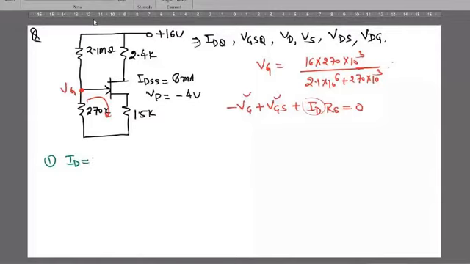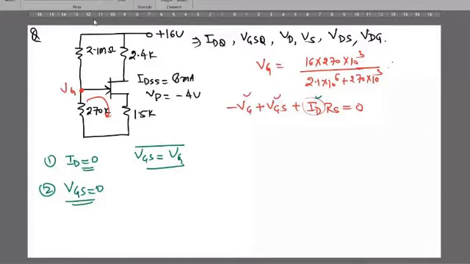In the first case, you consider ID equals 0. After putting ID equals 0, you can calculate VGS equals VG. And in the second case, you put VGS equals 0, and you will calculate the value of ID.